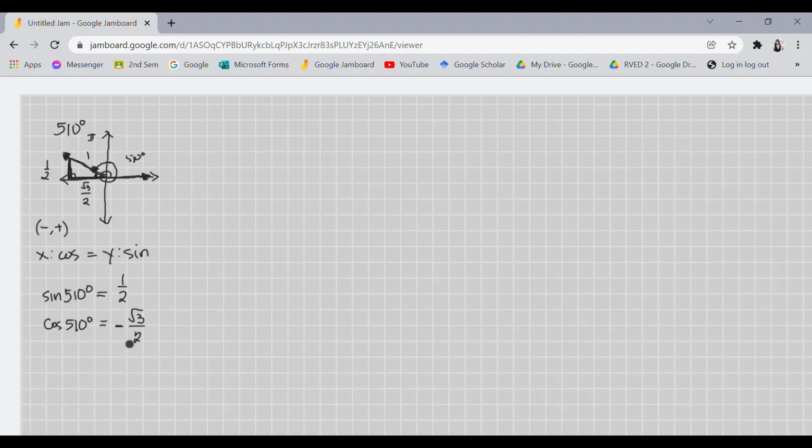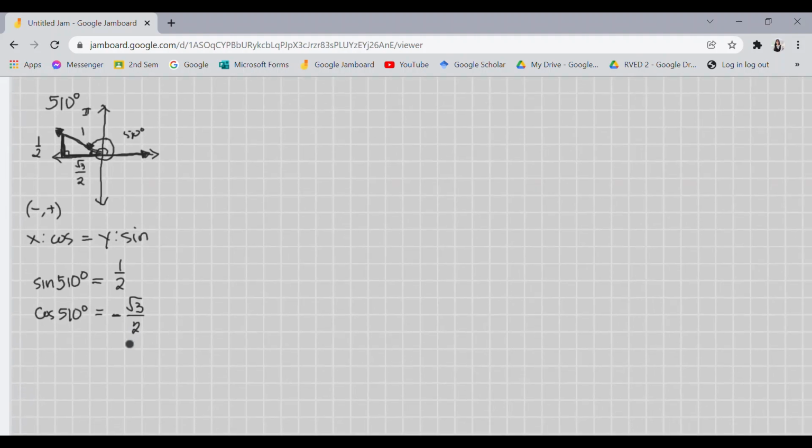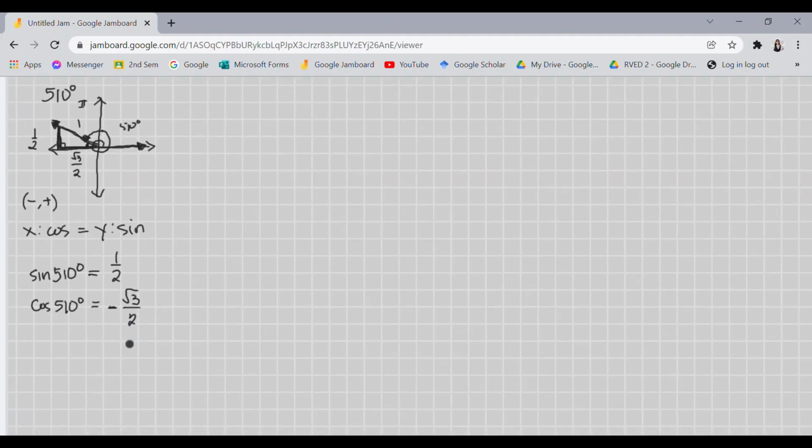And then, let's add to the explanation. Let's try getting tangent 510. So, tangent 510 is equal to, you have to also remember this, tangent is equal to y over x, or sine over cosine.